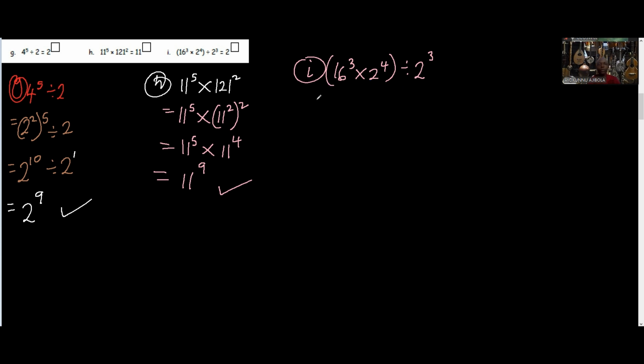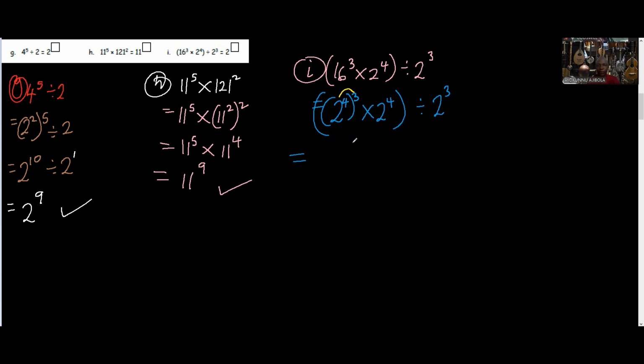So 16 must give way and become 2 raised to power 4, then raised to power 3, because 3 is under 16. Then we have times 2 raised to power 4. Now divided by 2 raised to power 3. So what we have here is that we're going to multiply these 4 and 3.